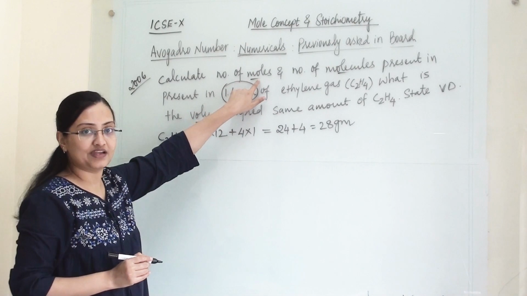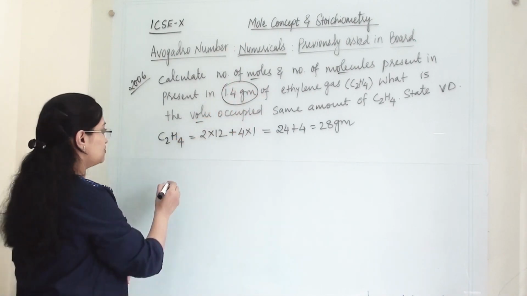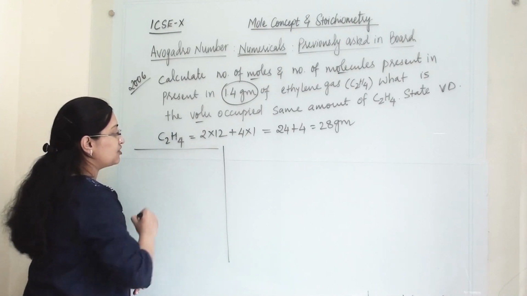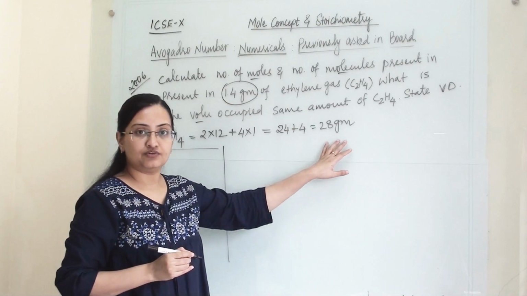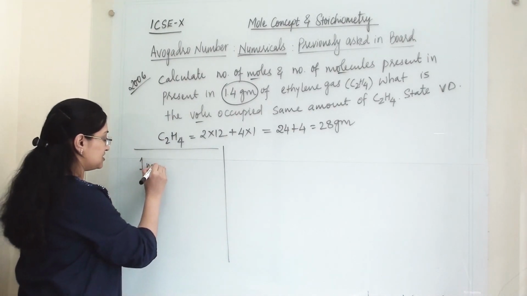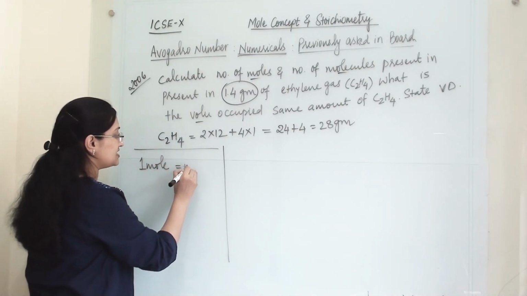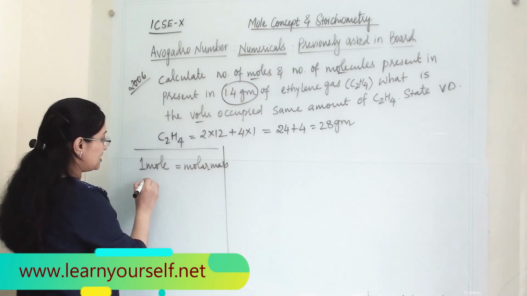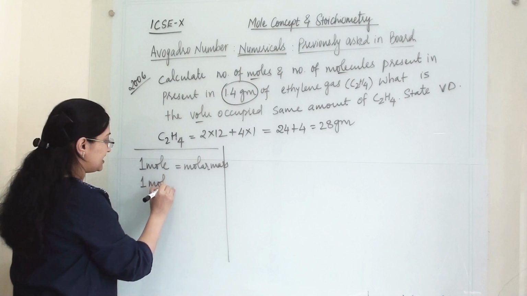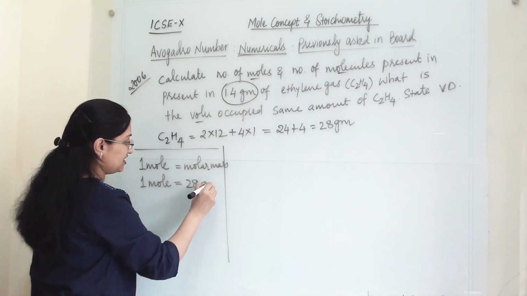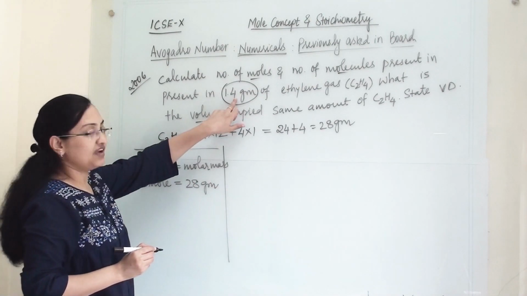Now first we will find out number of moles. So how will we find out number of moles? Does number of moles have any relation with molar mass? Yes. If 1 mole of substance is there, its weight is according to its molar mass. So now 1 mole has how much weight? 28 gram weight. Now what weight do we have?